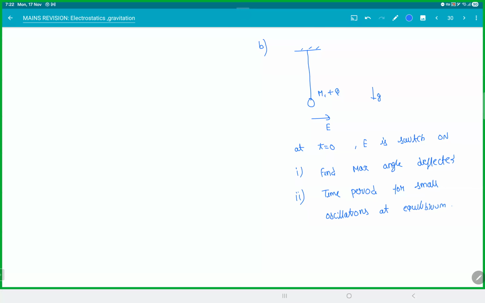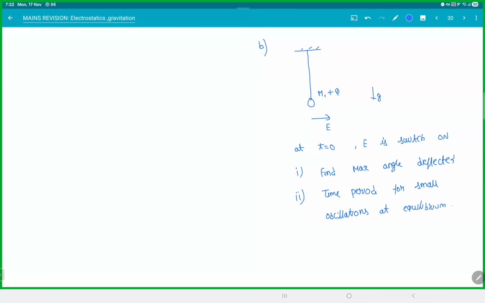Be careful, maximum angle is not the equilibrium angle. It won't stop at equilibrium. At equilibrium, you'll have maximum speed. You will continue to go forward. Unfortunately, that option will be there, and most people will tick that.